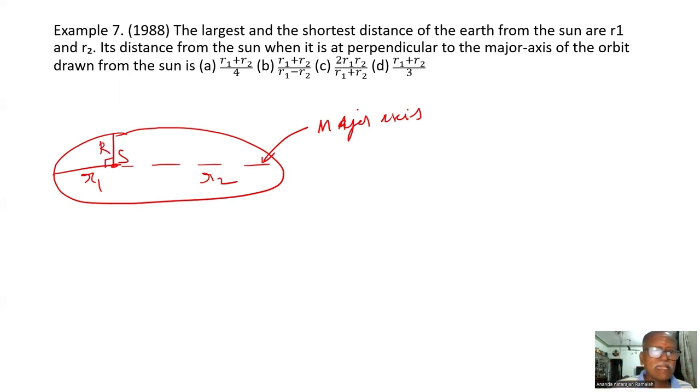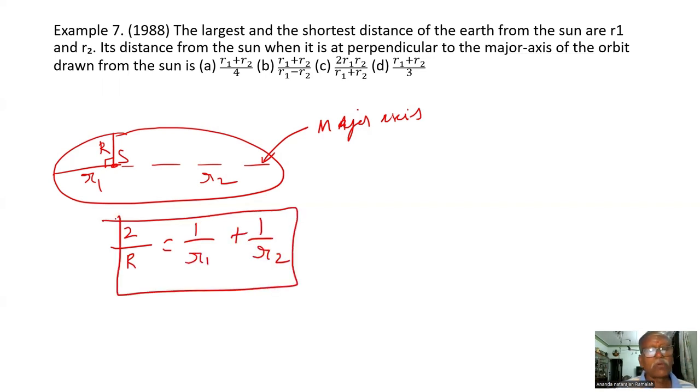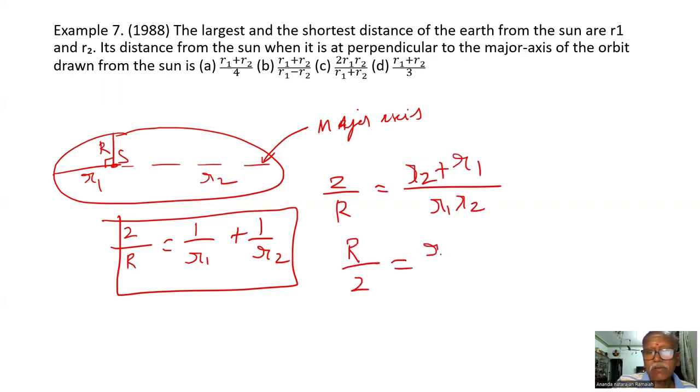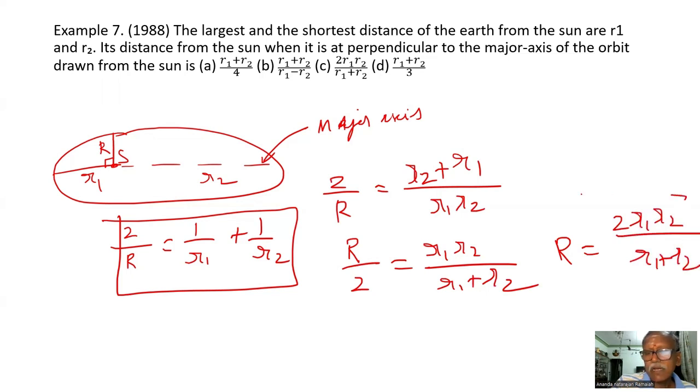The mathematical expression for R is 2 by R equal to 1 by R1 plus 1 by R2. You have to remember this expression. Therefore, 2 by R equal to (R1 plus R2) by R1 R2. Therefore, R equal to 2 R1 R2 divided by R1 plus R2.